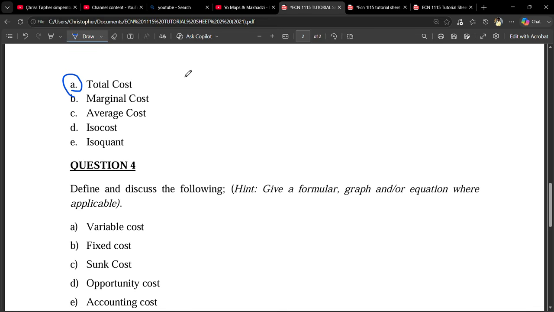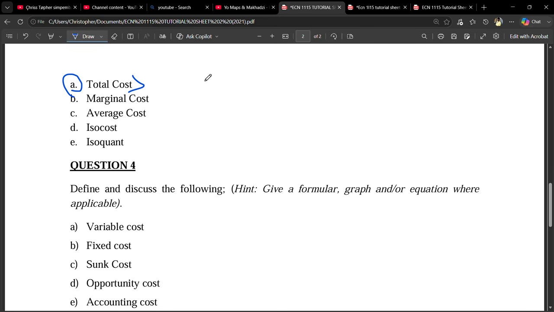Remember, we defined production to be a process of combining all the factors of production to produce a certain quantity or level of output. So for us to manage to get those same inputs, there's this thing that we incur, which is called total cost.